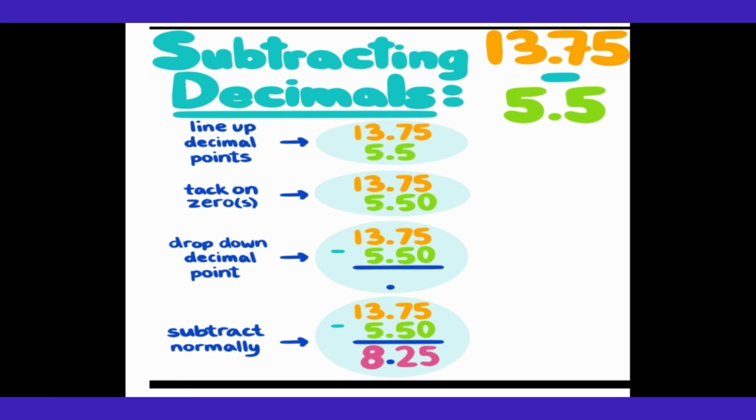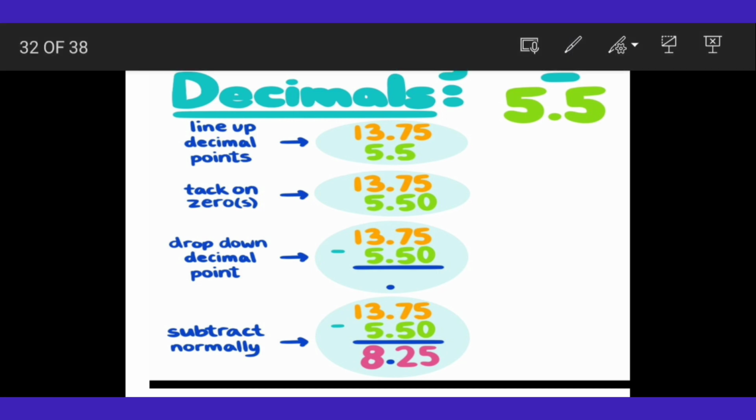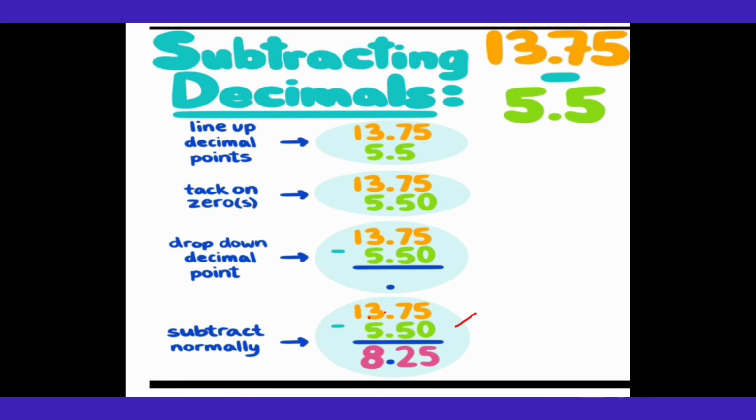Okay, 5 will be as it is, 7 minus 5 will be 2. This 3 cannot be subtracted from 5 because it is smaller, so we will make it 13. 13 minus 5 is 8, and this one will be 0. So it will be 8.25. Okay.